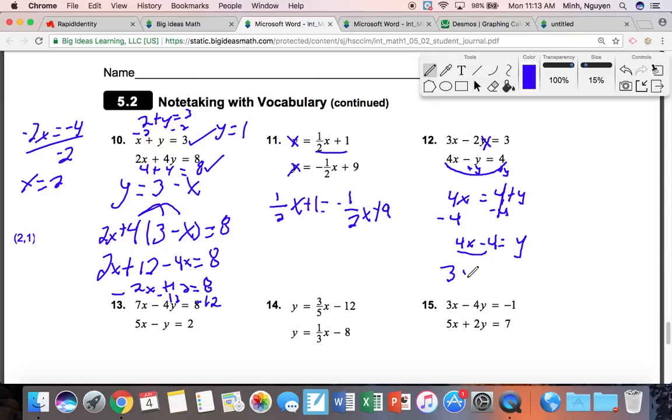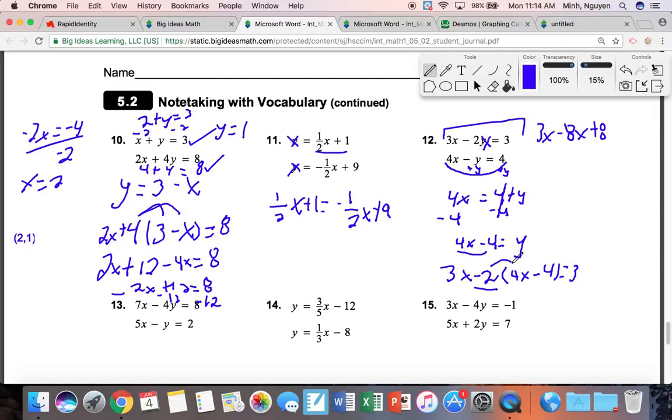So I'll say 3x minus 2 times, but instead of y, I know y is equal to 4x minus 4, equals 3. So you have 3x minus 8x and plus 8. Why did that turn to a plus 8?